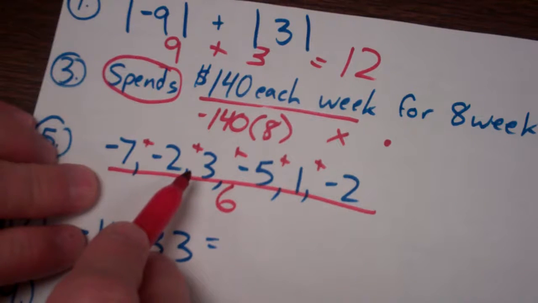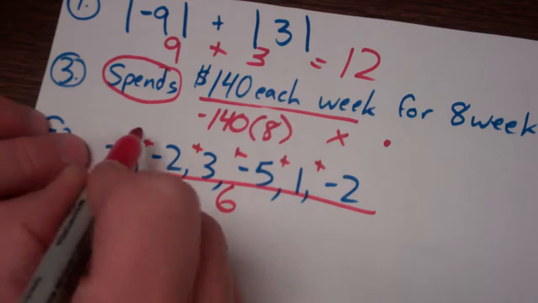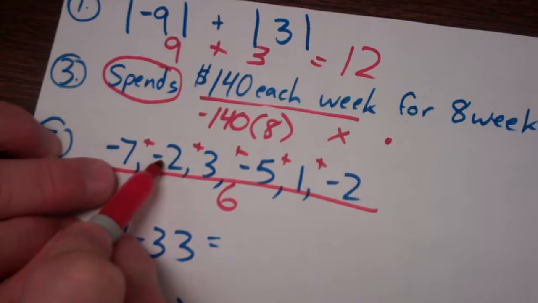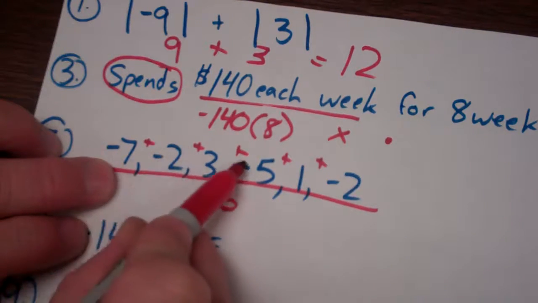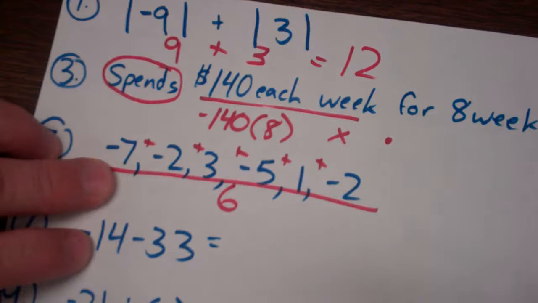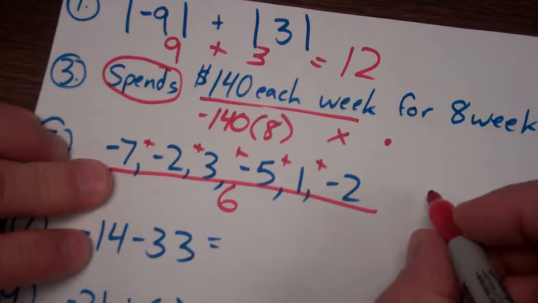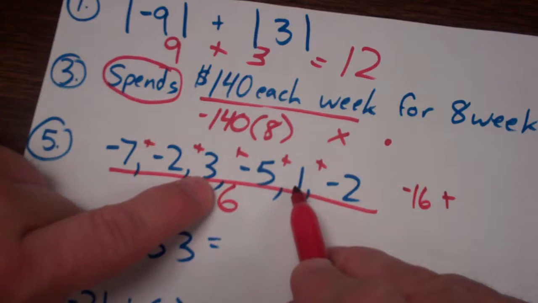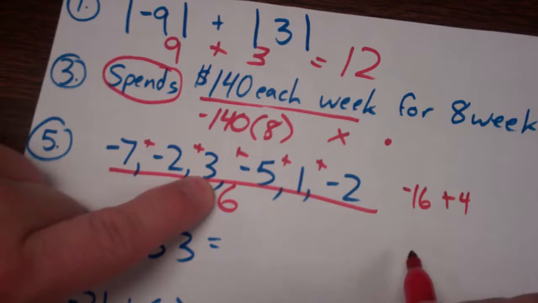Well, I can add in any order, so I'm going to go ahead and get all my negatives together and my positives together. So I have -7 plus -2, same sign, add and use that same sign, -9. -9 plus -5, same sign, -14. -14 plus -2, same sign, -16. So I'm at -16, but I have 3 and 1, same signs, add and use that same sign, so I'm at +4.